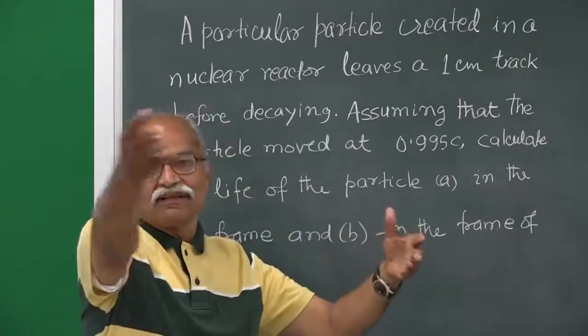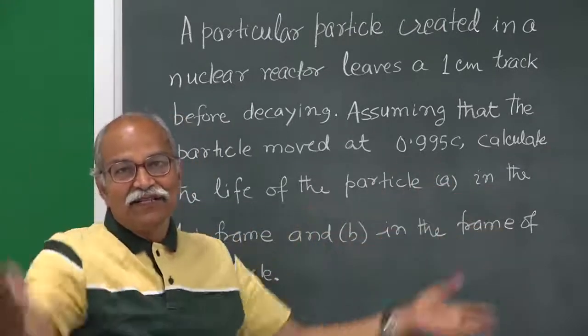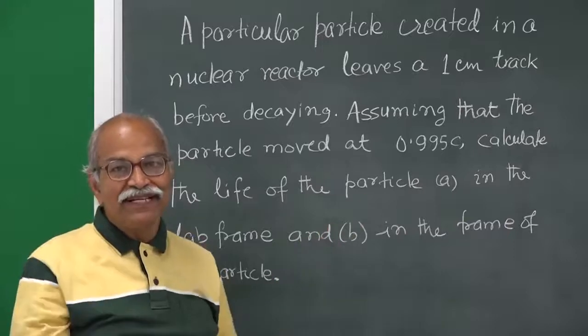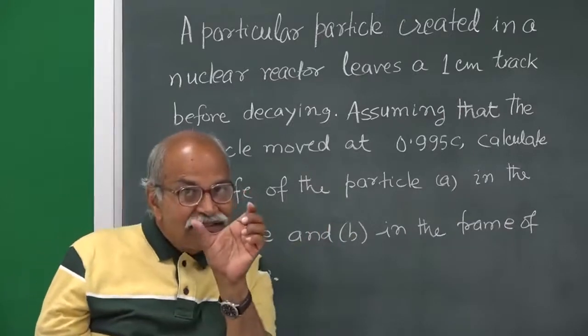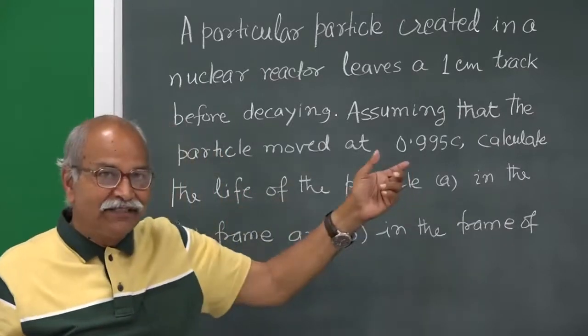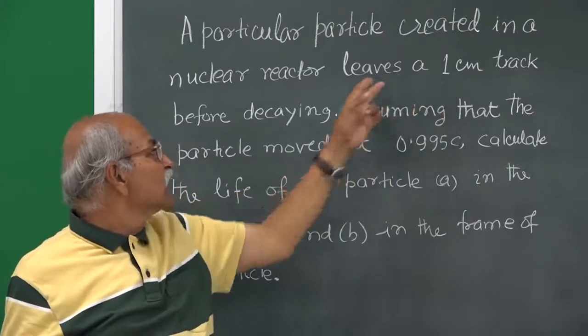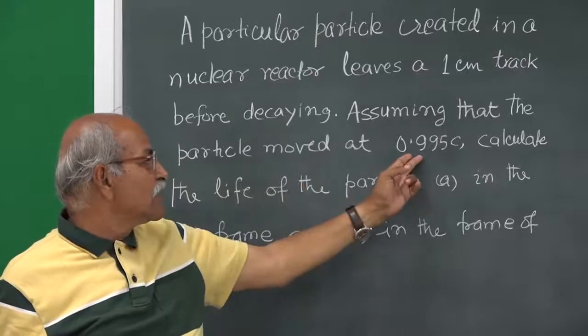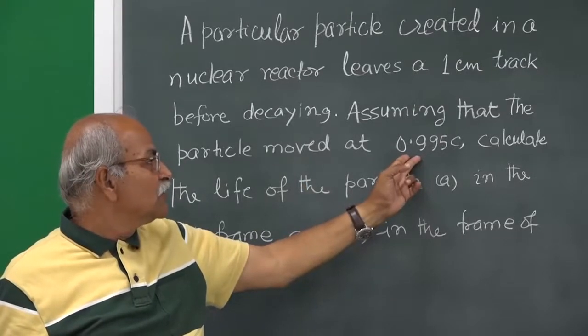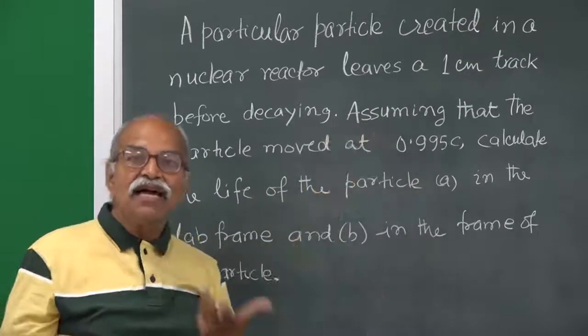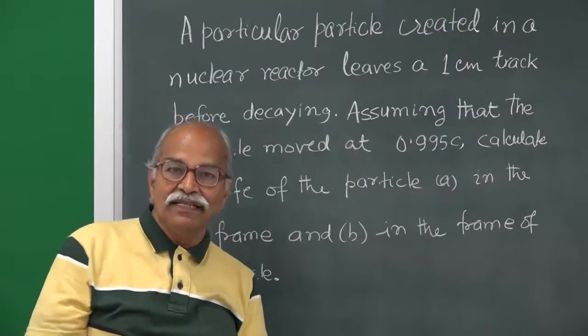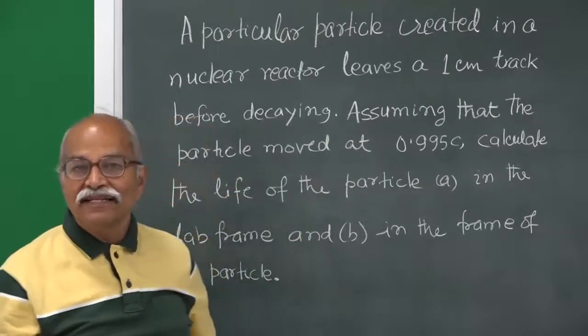Maybe some other particles will be created and more tracks will be created, but that particular track is terminated. So, the length of the track is 1 centimeter, the speed is 0.995 c. So, you can calculate what is the life from particle created to particle decayed.